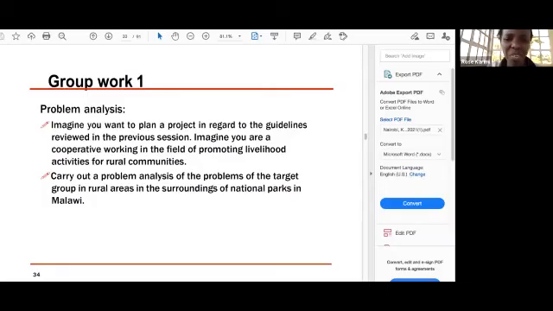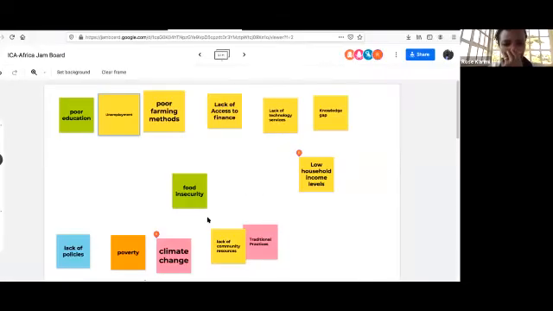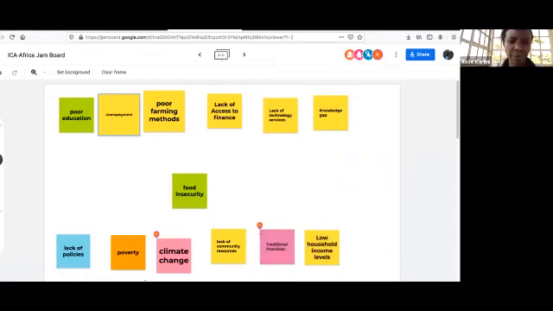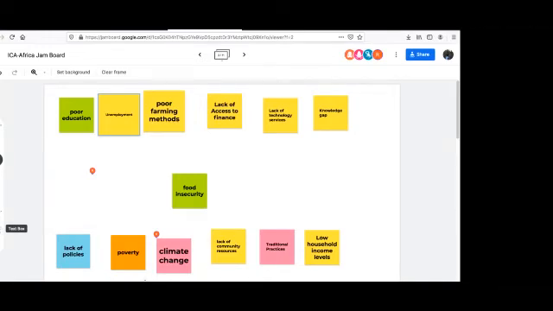From what we have put down, this one becomes our text box. Are we getting the causes from the stickers around?